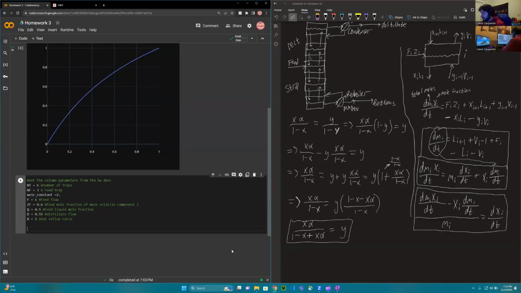Okay, so now we can set our bottoms. That's going to be equal to our feed minus our distillate. So that's going to be F and D.